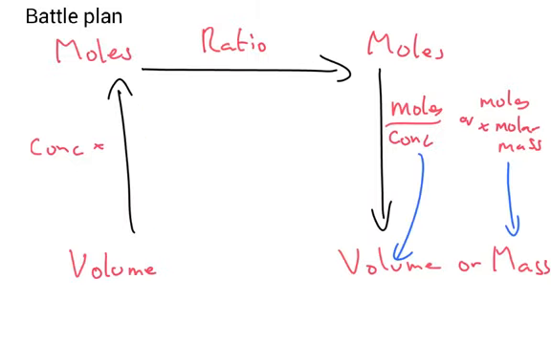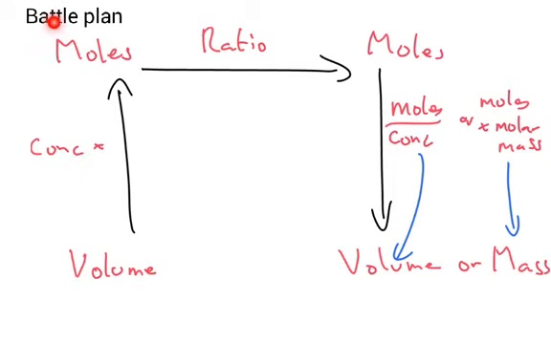Okay, so what I've drawn here is a battle plan of how we're going to solve some solutions problems. So firstly, we're probably going to be given the volume of a solution and also the concentration, but be wary, the volume is probably going to be in centimeters cubed and we're going to need to convert. So using concentration and volume, we're going to end up finding out the number of moles.